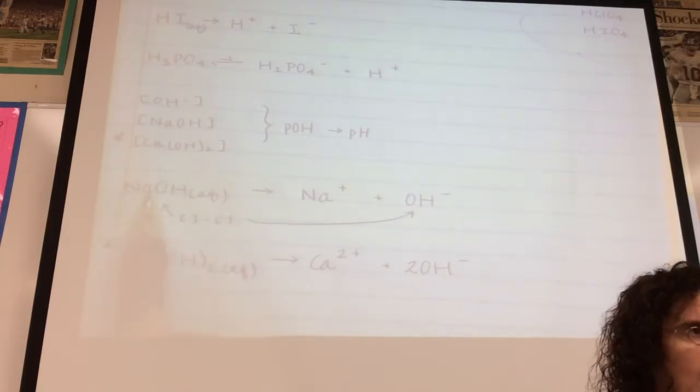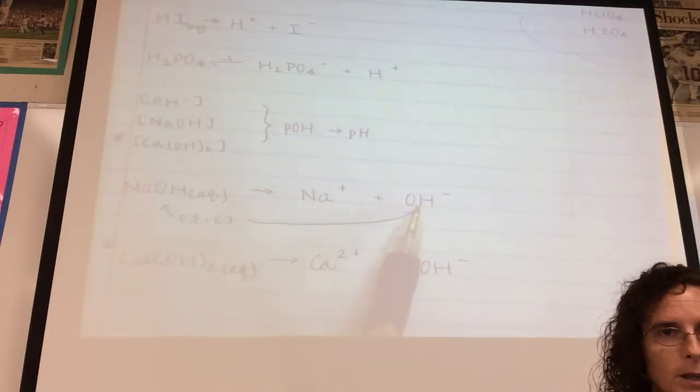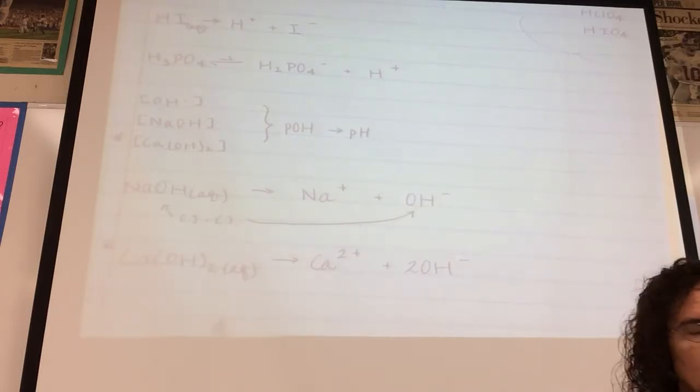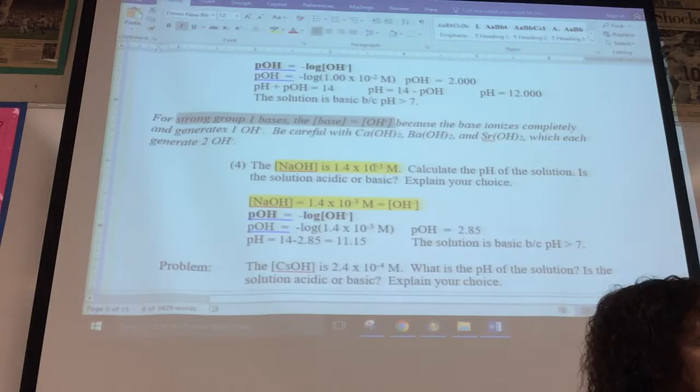So if they give you the concentration of the base that's equal to the concentration of hydroxide ion, the negative log of that will be the POH. Subtract it from 14 to get the pH. And that's what's shown here. Sodium hydroxide concentration is 1.4 times 10 to the negative 3.